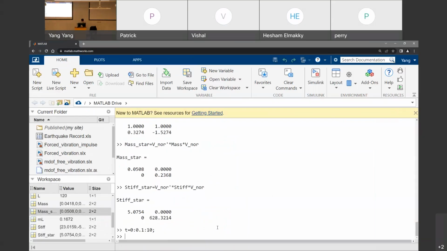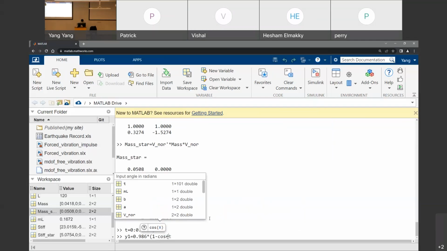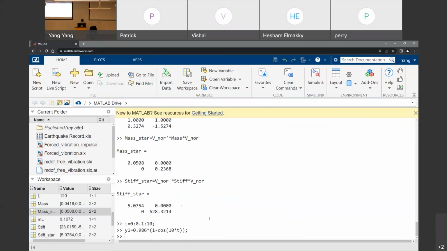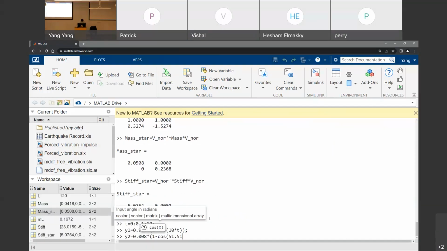We have y1 equal to 0.936 times 1 minus cosine 30 times t. This is y1. And y2 is equal to 0.008 times 1 minus sine 51.51 times t.